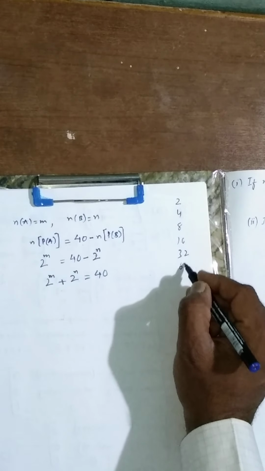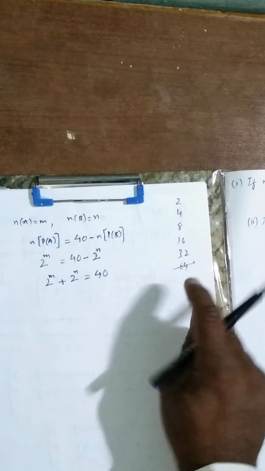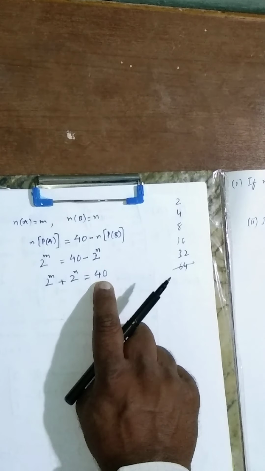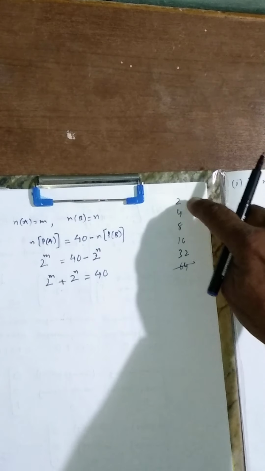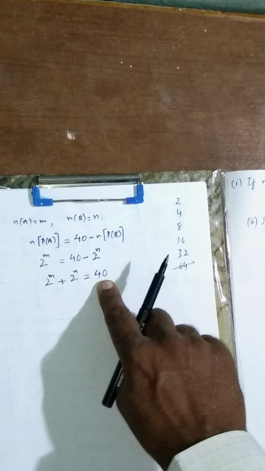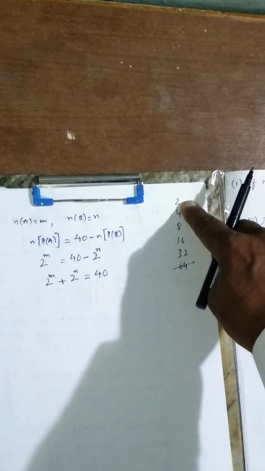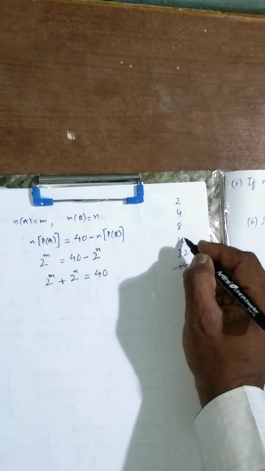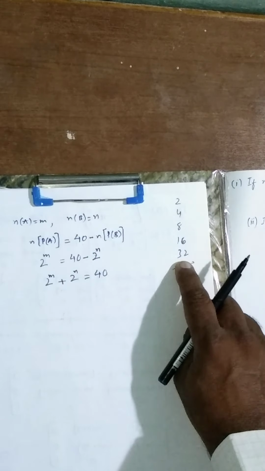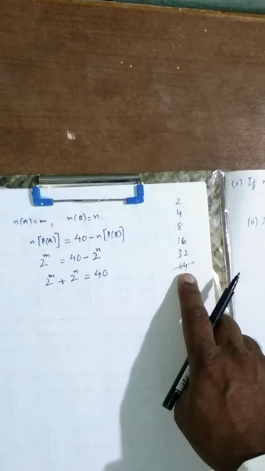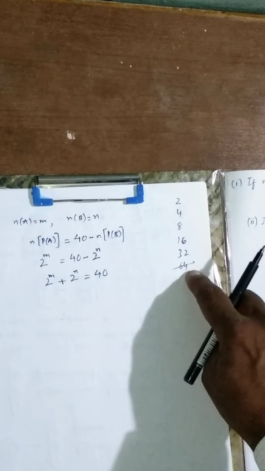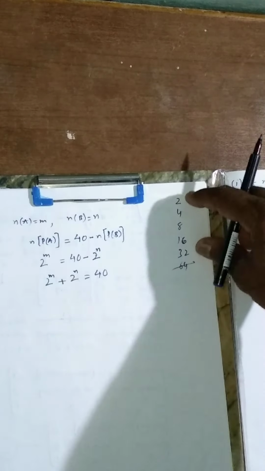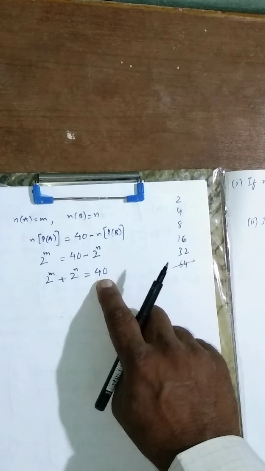And then 64, I will not take 64 because it is going above 40. 2 to the power of 1 is 2, 2 to the power of 2 is 4, 2 to the power of 3 is 8, 2 to the power of 4 is 16, 2 to the power of 5 is 32. After 32, 64 comes, but we will not take 64 and next numbers because we need sum 40 and 64 is bigger than 40.